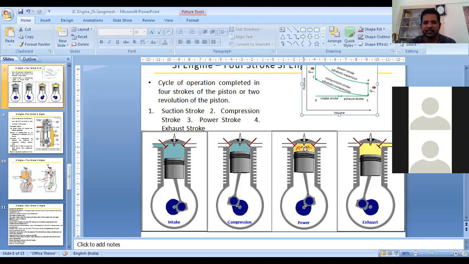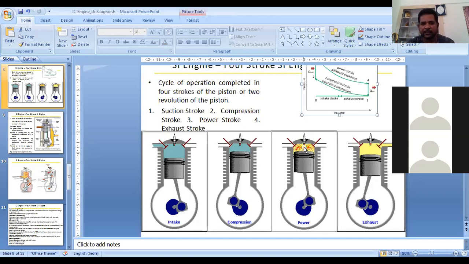Earlier in the SI engine, the fuel and air are added in proportion as per the requirement of the engine, what we call the fuel-air mixture ratio. Up to that level, it is mixed properly in the carburetor, and only then sent to the cylinder. But here, the mixing of the fuel and air is a problem.